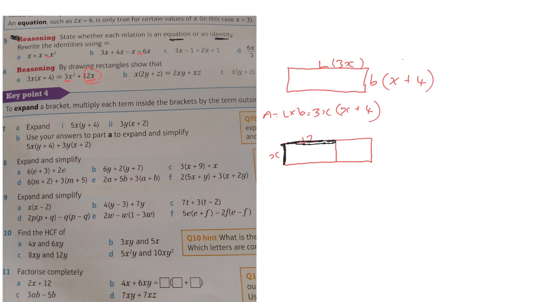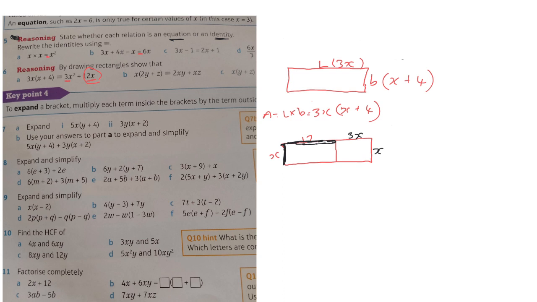So for this other part, we wanted to check if that will be 3x squared. How do we go about finding the value of our 3x squared? That means one side should be 3x, and this other side should be x. And that will always be true. I have broken it down one after the other.